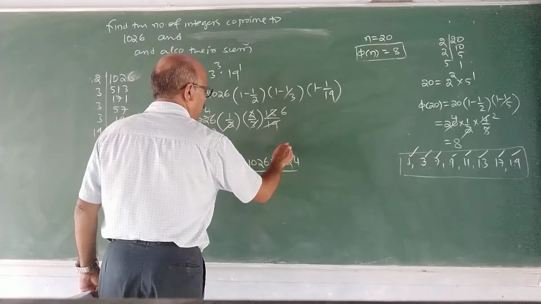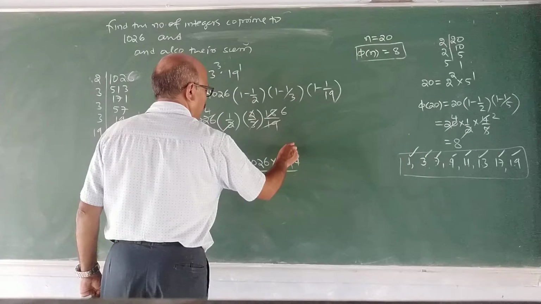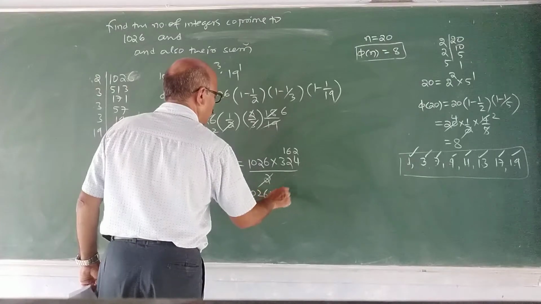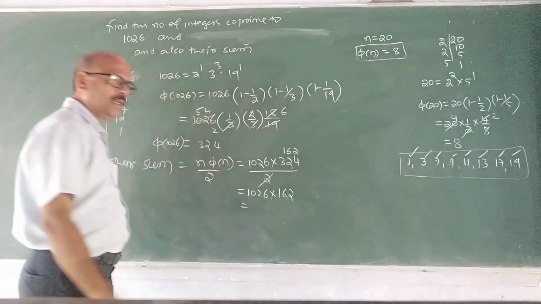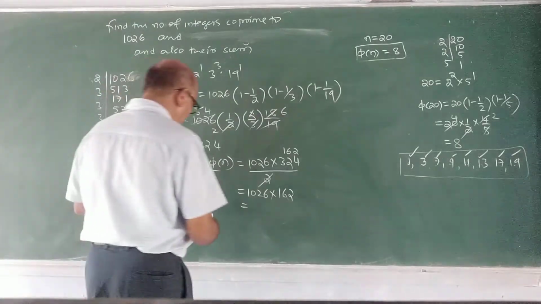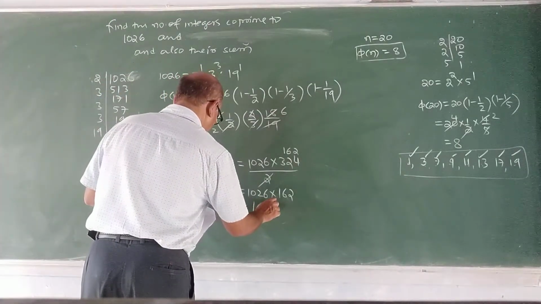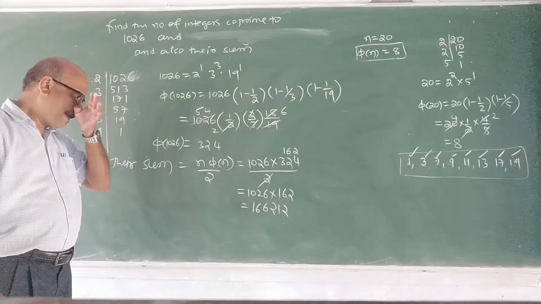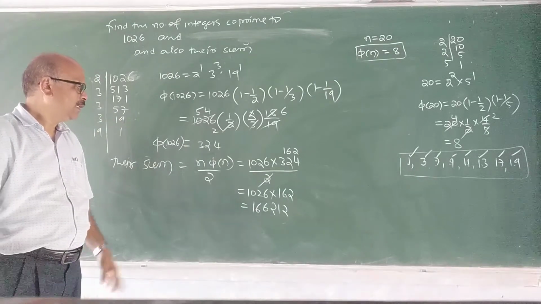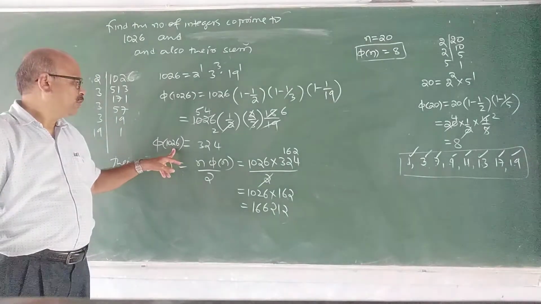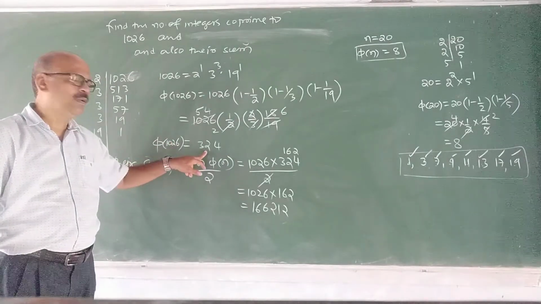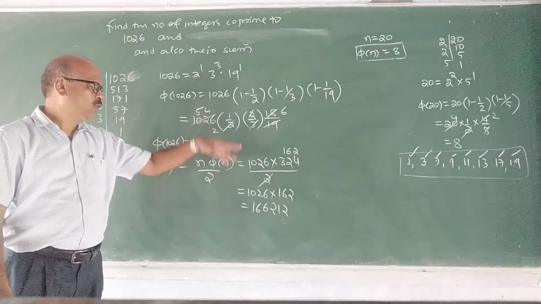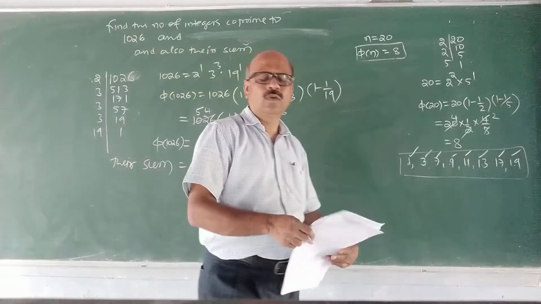So what do you get? 3 into 162 and 1026 into 162. Calculate and verify, is it 166212? We calculate, it should be 166212. See, the problem is like this. Positive integers less than 1026 and relatively prime to 1026 are 324. 324 integers are there. And what is the total sum of that? 166,212.